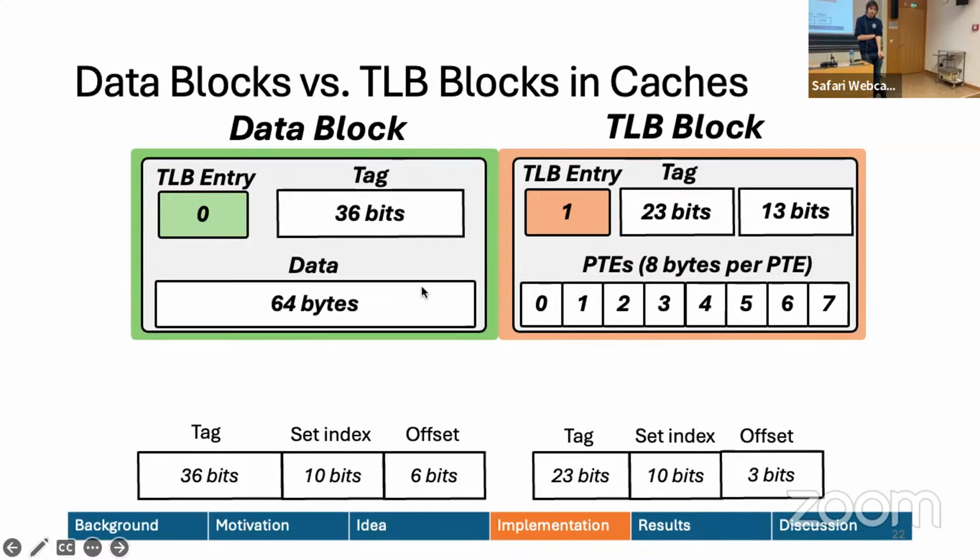The way that you update this block is that the OS changes, let's say, the mapping. You have a migration, and then you need to update the physical page number. But to do this, you simply need to flush and invalidate this entry with a TLB block, which goes back to this question on how you invalidate the entries.